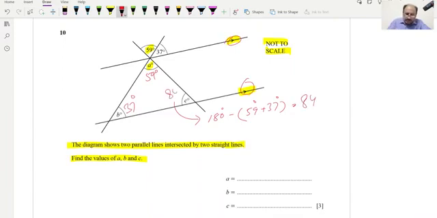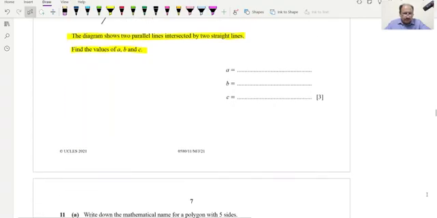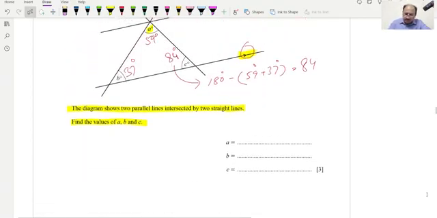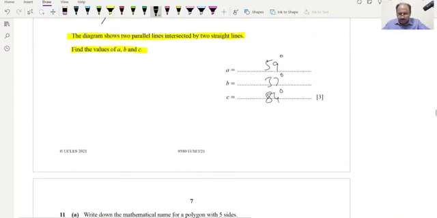So this will be 84 degrees. This is done. Now these are the proper locations where we will be answering. A is 59, B is 37, and C is 84 degrees, which we have provided.